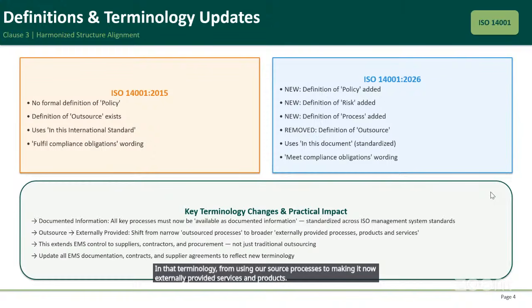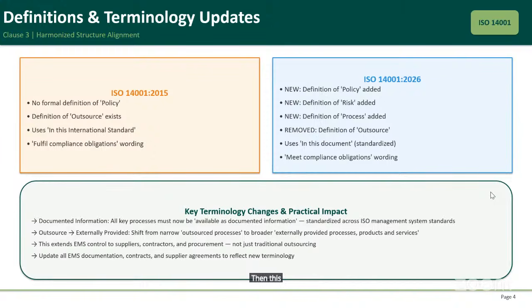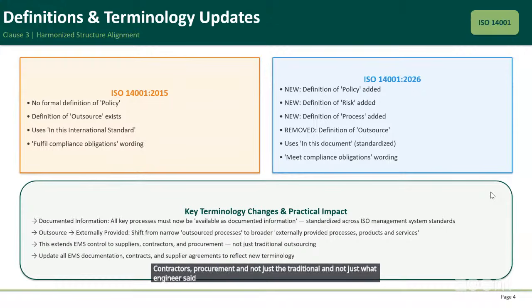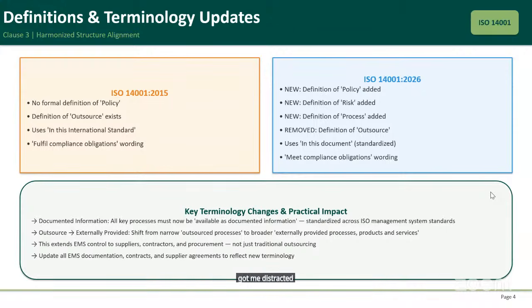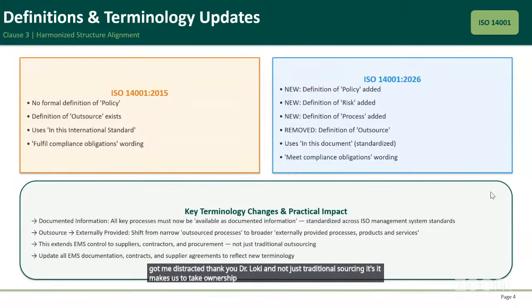This extends EMS control to suppliers, contractors, and procurement, and not just traditional outsourcing. Thank you, Dr. Lucky. It makes us take ownership. When they use the word externally provided, there is that ownership that comes with it.